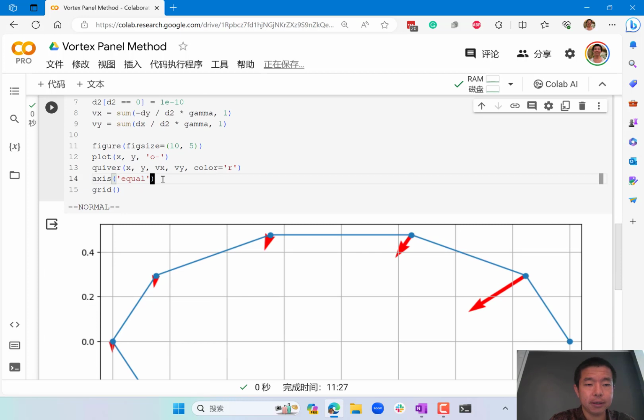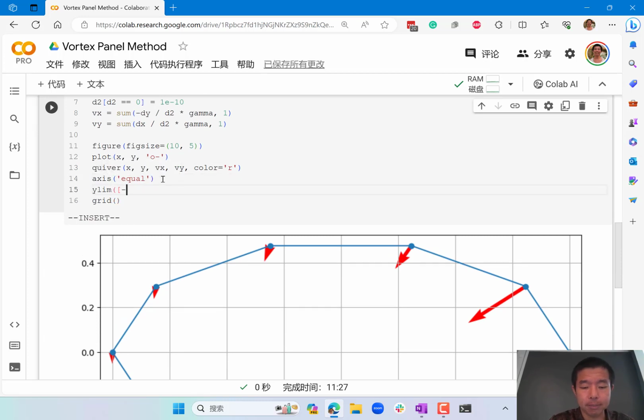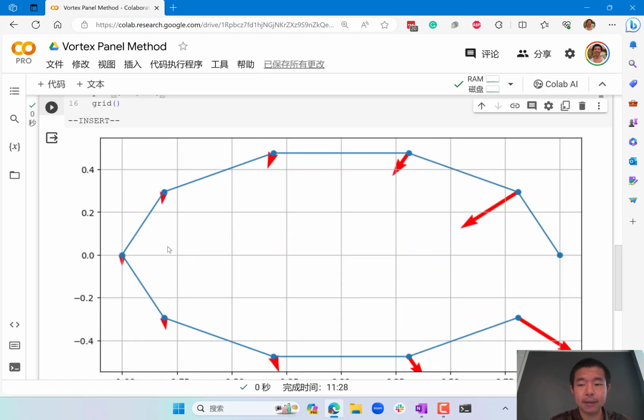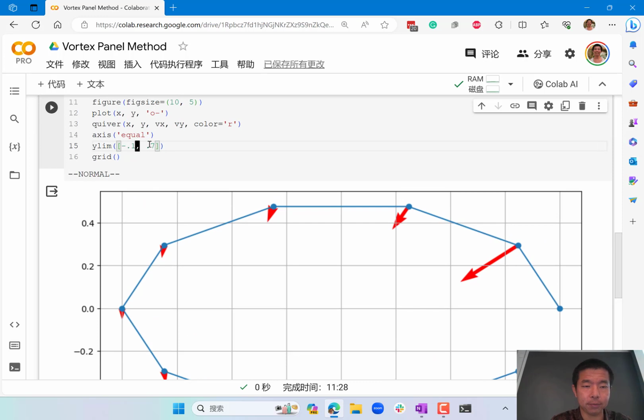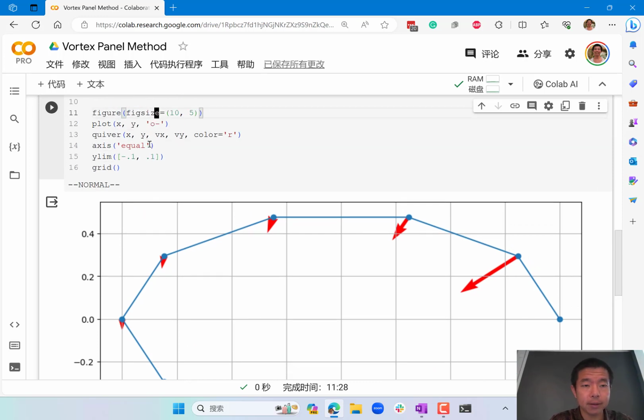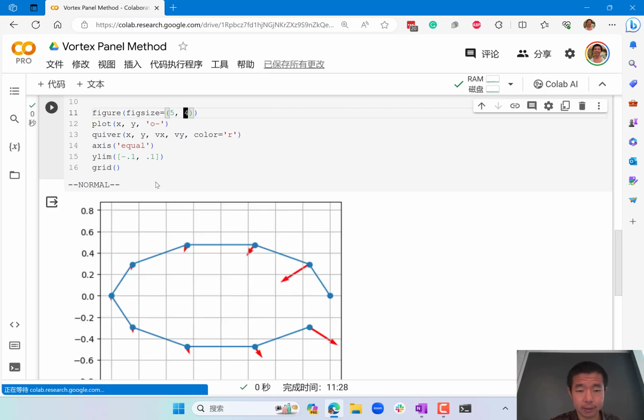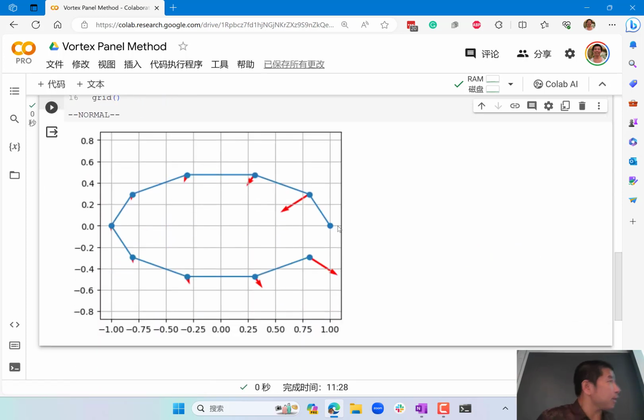Let's set the ylim, actually minus 1 and 1, to make it a little bit smaller. Right, so this is the velocity induced by this vortex over here. It rotates around this point, and the further away it is, the smaller the velocity is.